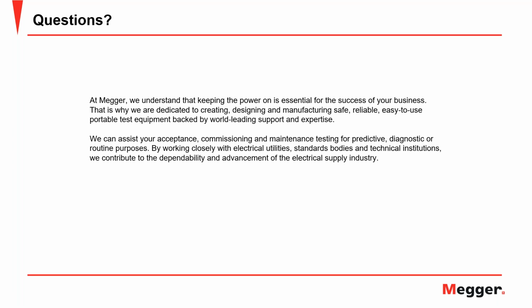Whenever you talk about primary injection testing, you're pushing current through the system in the same manner as a real world application. So you're testing the CTs of the system. You're testing the shunt of the system that's actually going to trip the device whenever you have that overcurrent condition for the ground fault or on your neutral. And whenever you do a secondary injection test, you're not doing any of that.